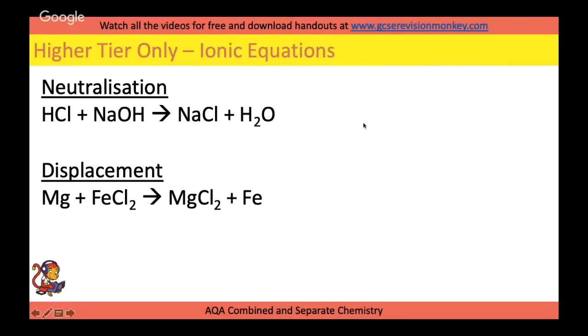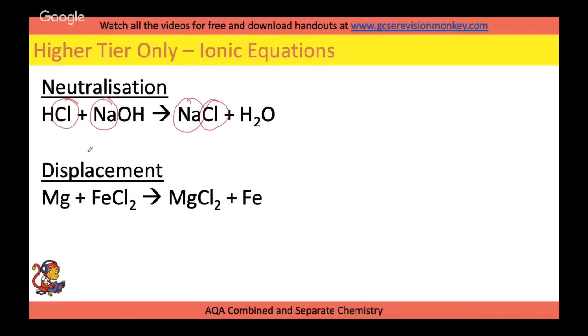Now we'll look at ionic equations. So again, you're looking at changes from atoms to ions and ions to atoms. So in this case, it's neutralization. If you look at this side, you've got sodium as an ion there and an ion there, and chloride as an ion there, as an ion there.